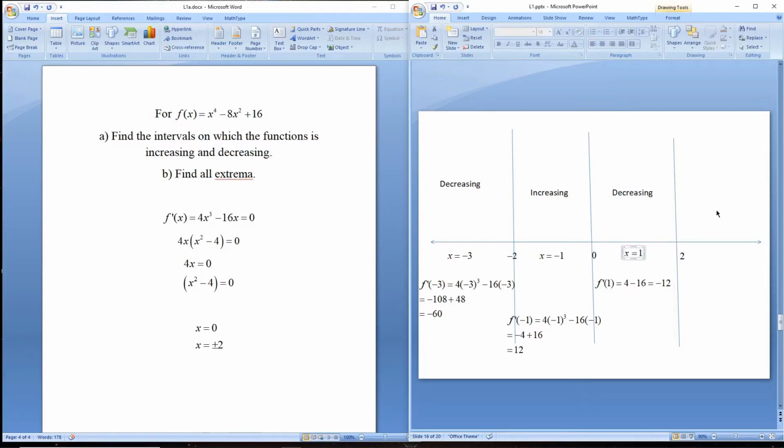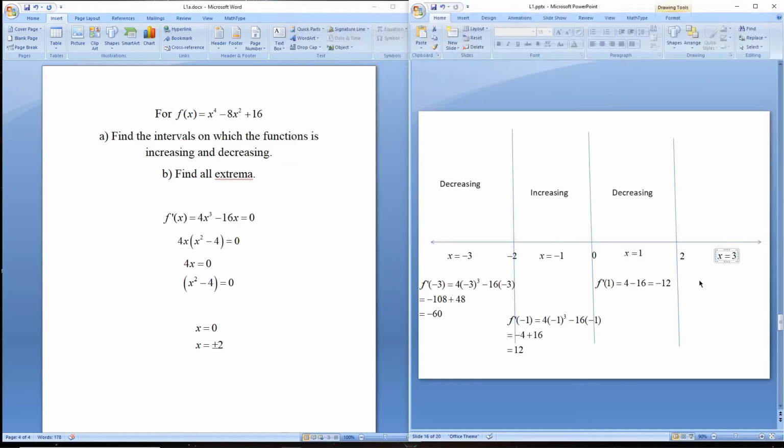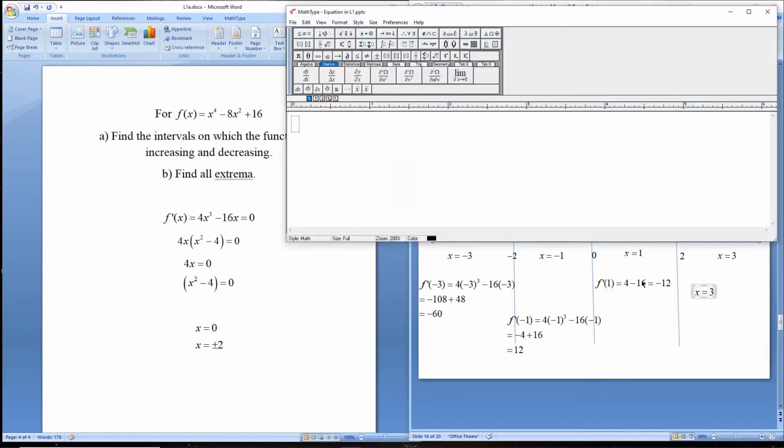And then finally we'll check the last region. And a number we can choose there, that's pretty simple, is 3. And we'll plug that into the derivative. And so we'd have 4 cubed, whoops, messed that one all up. 3 cubed, and then minus 16 times 3. 3 cubed is 27, 27 times 4, a positive 108 this time.